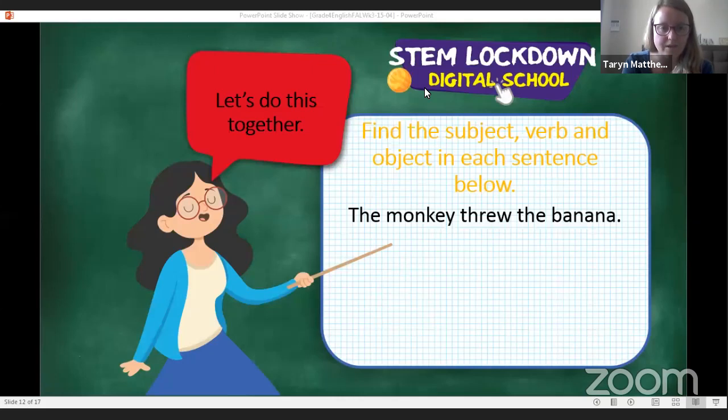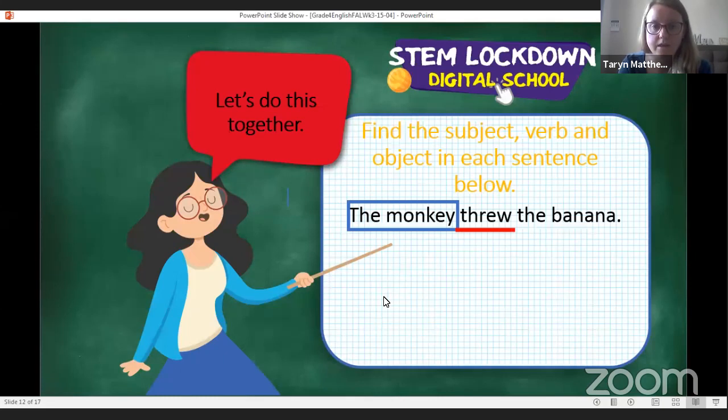Oh, Tatu, not quite. I want the verb, the doing word. Tsunami, not the noun, the verb. Okay, let's have a look. So I said that the verb was, sorry there, threw.